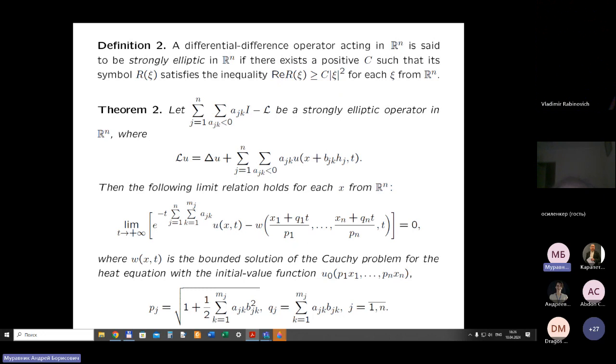And what is the difference between classical asymptotical closeness theorems and this theorem? Asymptotical closeness theorems arise in the classical parabolic theory very frequently.